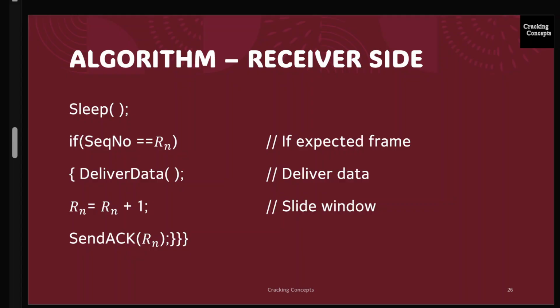Otherwise, it will check the sequence number received against Rn, the frame it is waiting to arrive. If both are equal, then the data is delivered, Rn slides by 1, and an acknowledgement for Rn is sent to the sender.